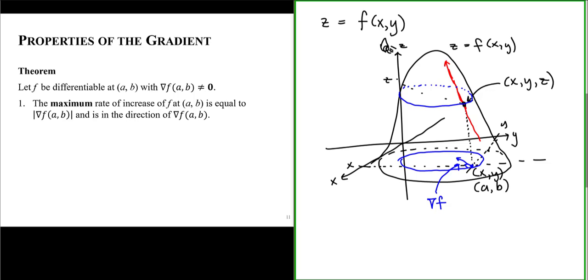Now we could look at another point on our hill. Let's take a point maybe on the opposite side. So let's take a point right here on our hill, and that point has a certain y value and a certain x value.